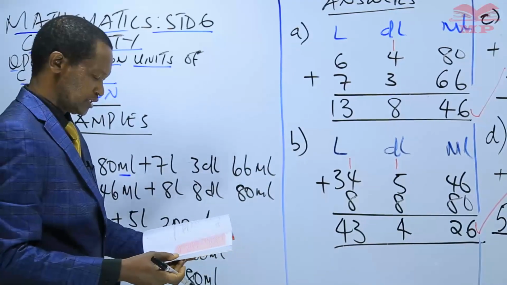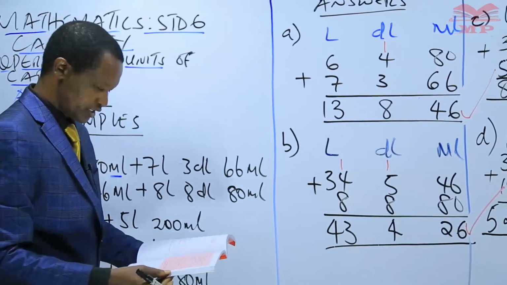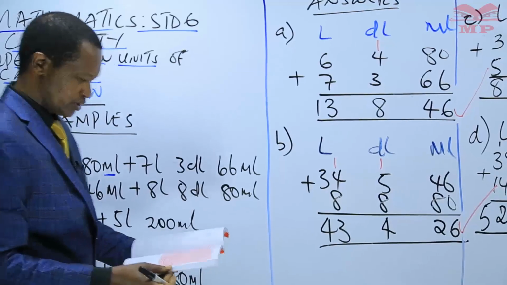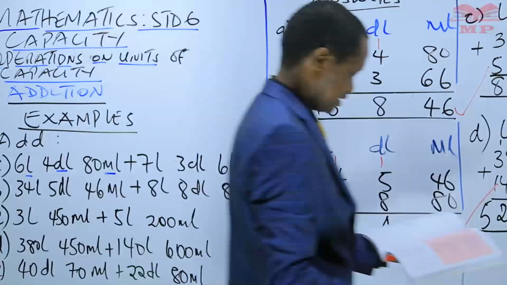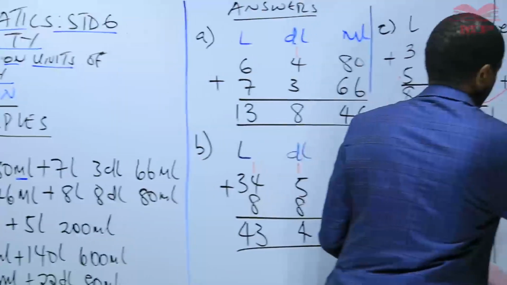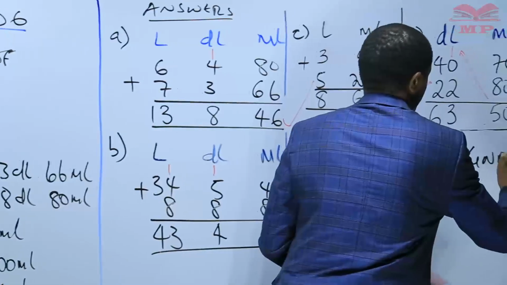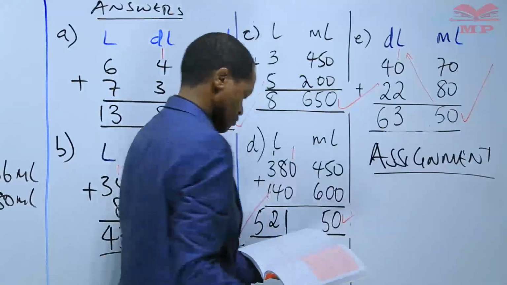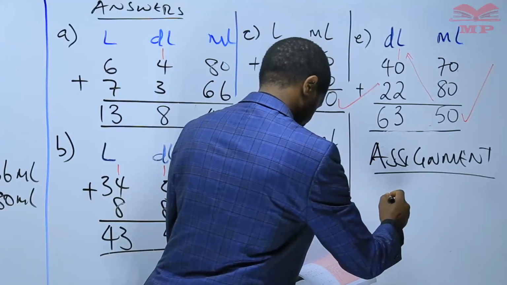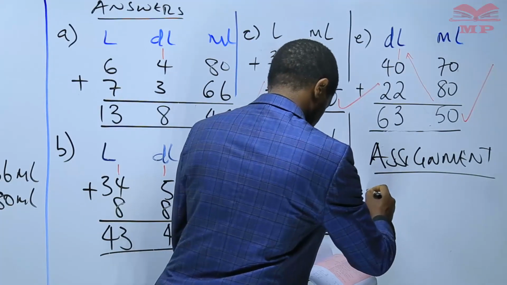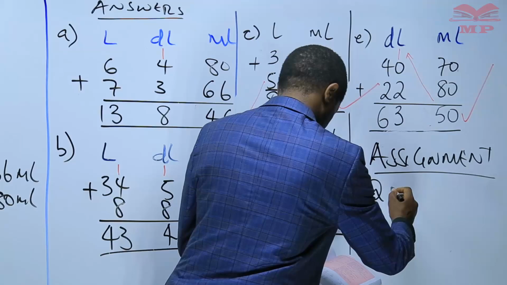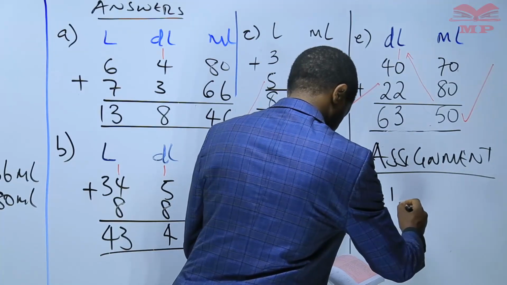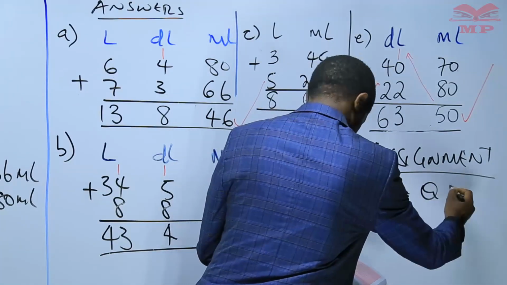Your exercise is on page 177. Let me write it. This is your assignment. The assignment is on page 177. Let me just write first: question 1 up to question 5.